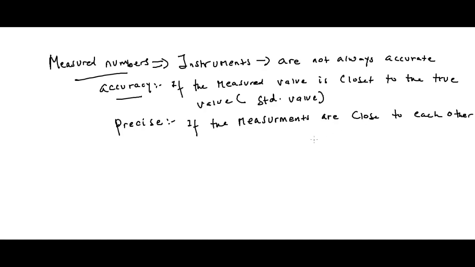So when we are dealing with a measured number, we have to look at these two terminologies, whether our measured number is accurate and precise. In most cases we repeat measurements to avoid mistakes or errors. When we say errors, there are going to be human errors and also instrumental errors. Human errors actually come from human perceptions.